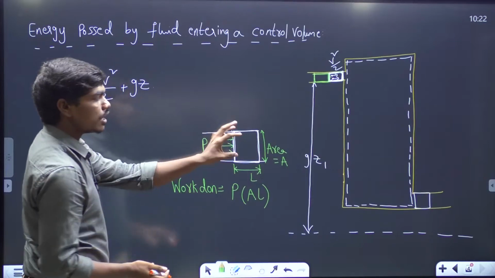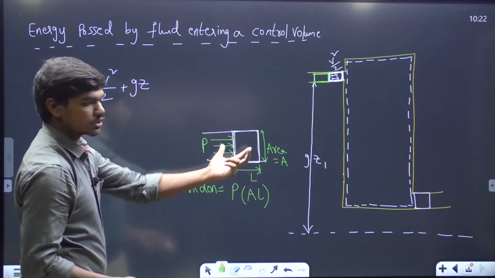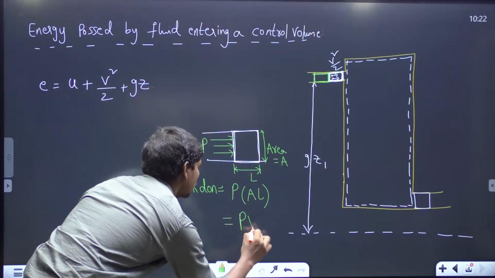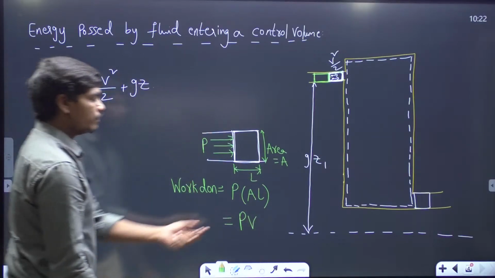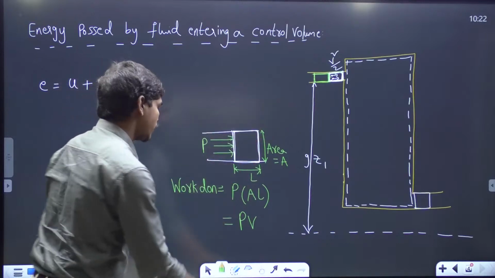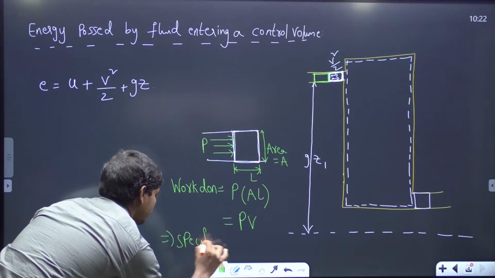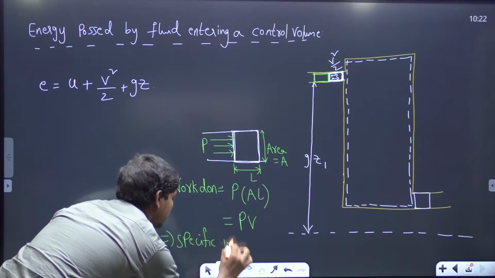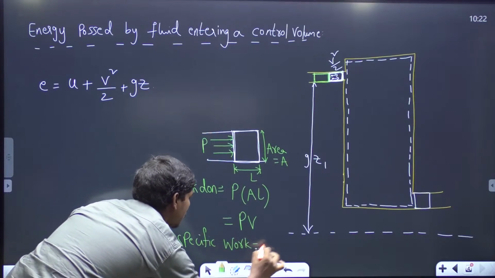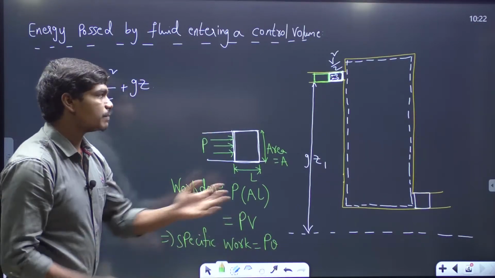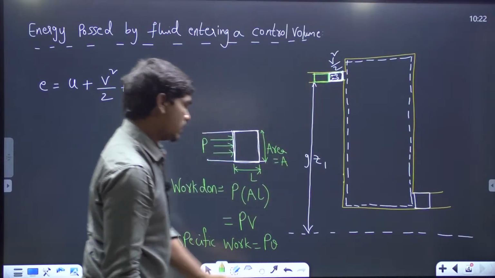But now this area of cross section and length are arbitrary because we can take any two. So we'll write this in terms of volume, PV, where v is generally denoted with mass. So we can write specific work is equal to P into v, because this capital V is an extensive property and it depends upon your mass flow rate happening inside.